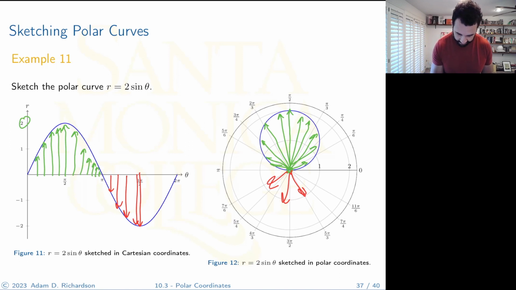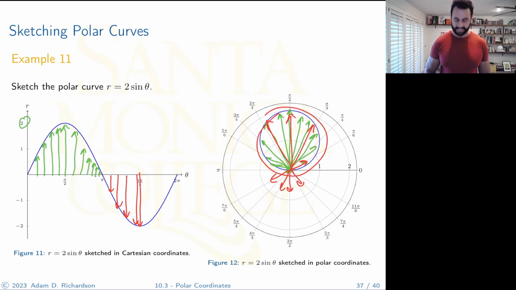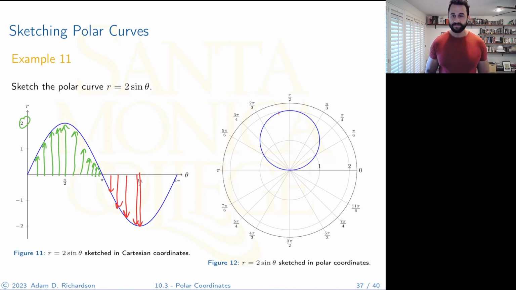Even though I'm facing this way, my arrow is going to go this way. And so what you end up doing is you get that whole circle a second time. And that's why this graph just looks like a circle. Cool stuff, huh?